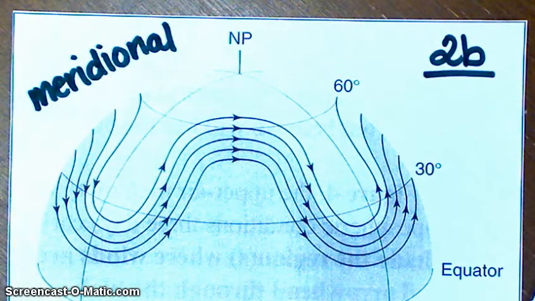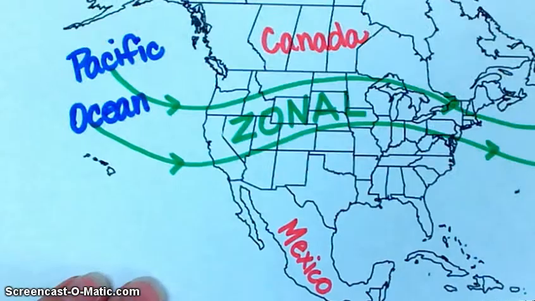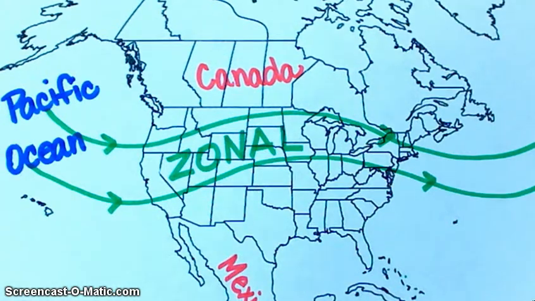Okay, so for number 4, it says when the upper air westerly flow pattern is zonal, the source region for much of the air over the coterminous United States is the Pacific Ocean. Coterminous is a fancy way of saying the continuous United States, the lower 48 states. So I got a map, and this is what they're trying to tell you.